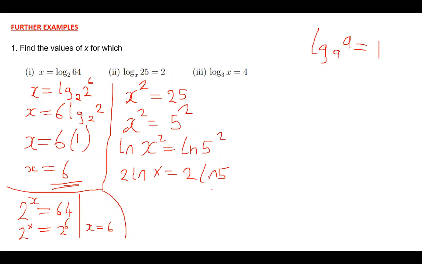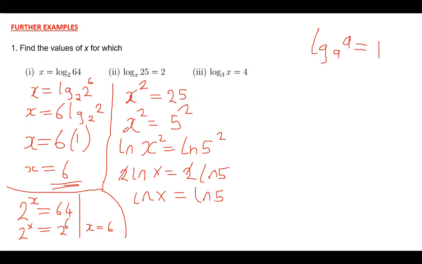So these two and that two can cancel. So meaning we're just going to remain with ln x being equal to ln 5.